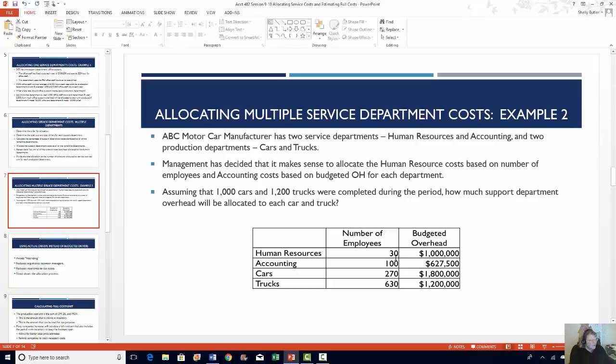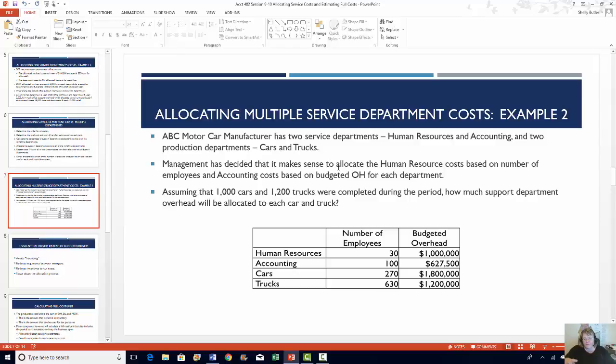Okay, so we need to take a look at this, and we need to decide what uses what. But they have already done that for us. They decided that it makes sense to allocate human resource costs based on the number of employees and accounting costs based on the budgeted overhead for each department.